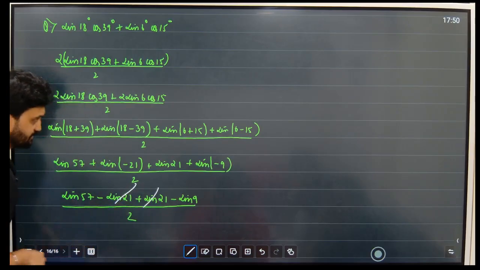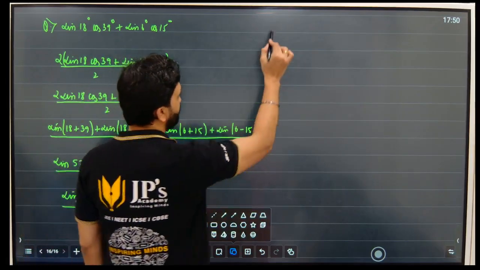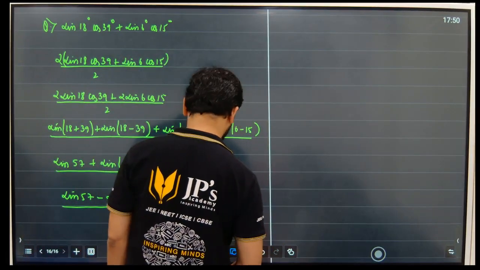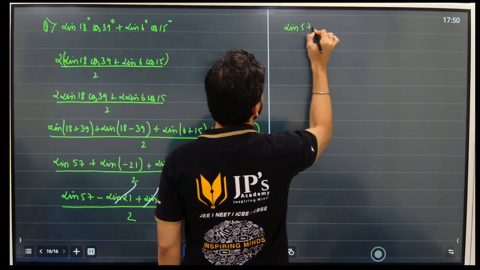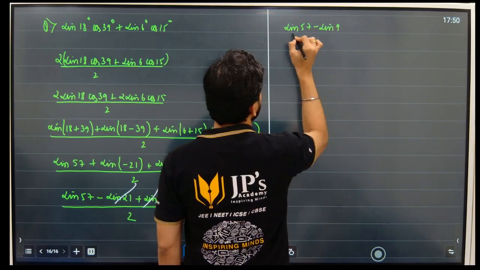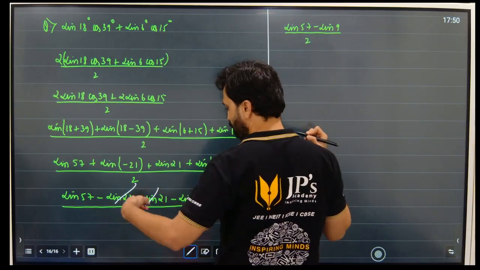This gets cancelled, this gets cancelled. Now I am left with sine 57 minus sine 9, the whole upon 2.